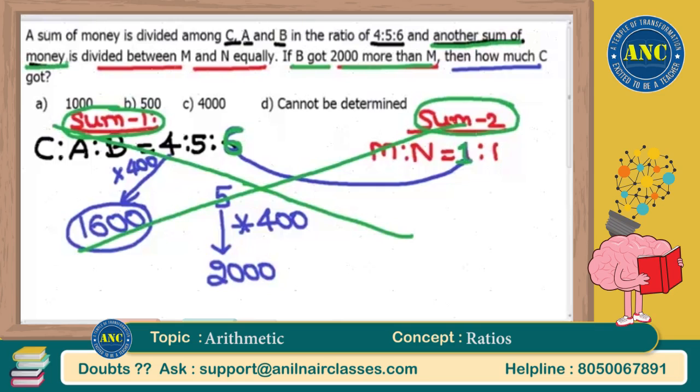If the sum of money was the same in both cases, yes, you can compare the ratios. Otherwise, you cannot compare the ratio. I hope it is clear, sir. We took a similar question previously, which is very easy. This is an exact similar question with a slight twist, where students will make a mistake. The answer for this question is cannot be determined.